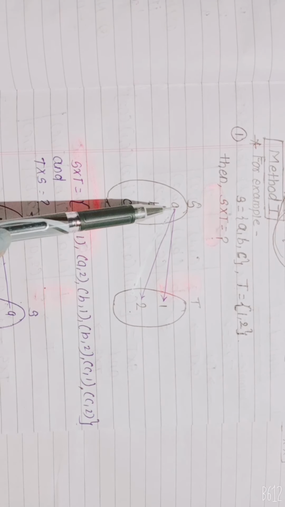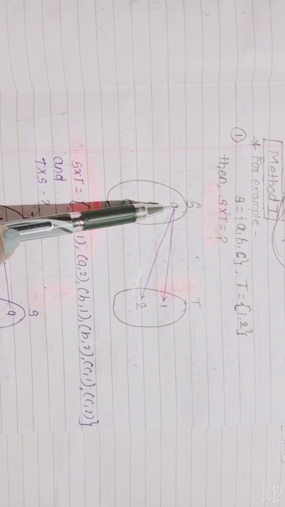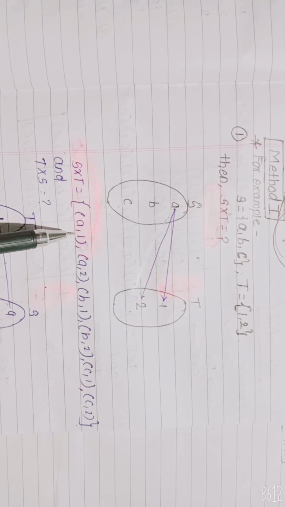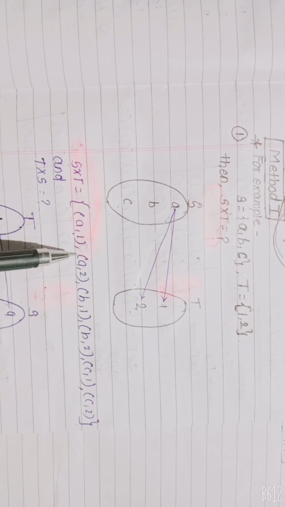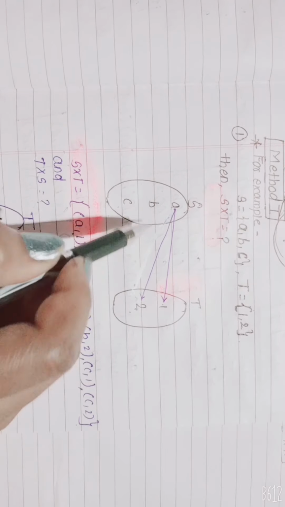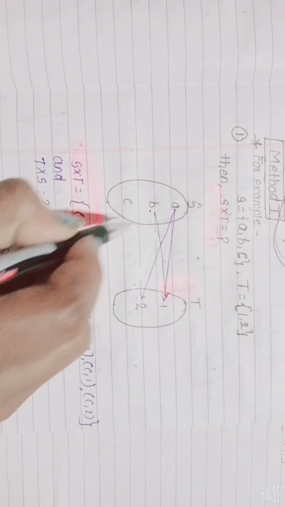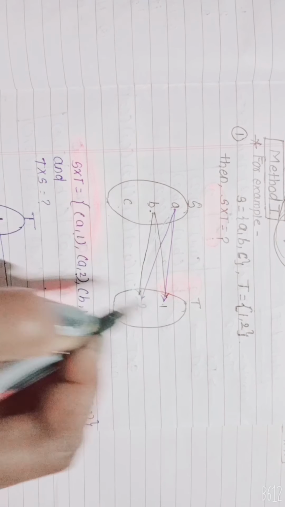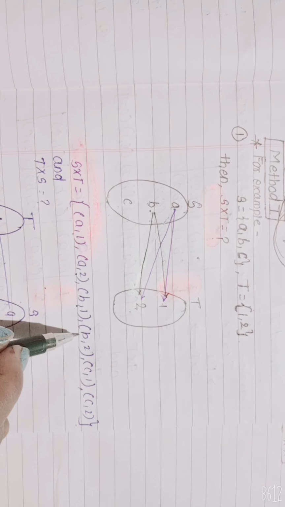So firstly we have to find the ordered pairs. The a is paired with 1 firstly, so we get the element (a, 1). Then a is paired with 2, we get the ordered pair (a, 2). Similarly, b is paired with 1 firstly, then with 2, so we get the ordered pairs (b, 1) and (b, 2).